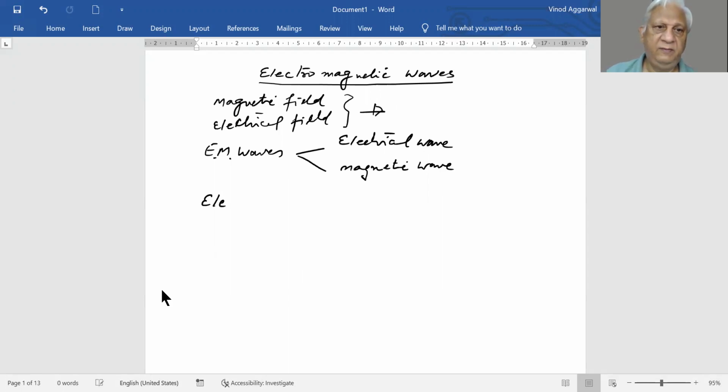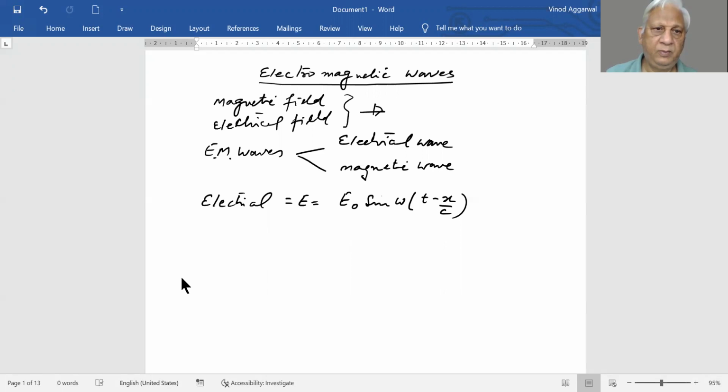The electrical wave is represented as E equals E naught, a format we have seen many times earlier.